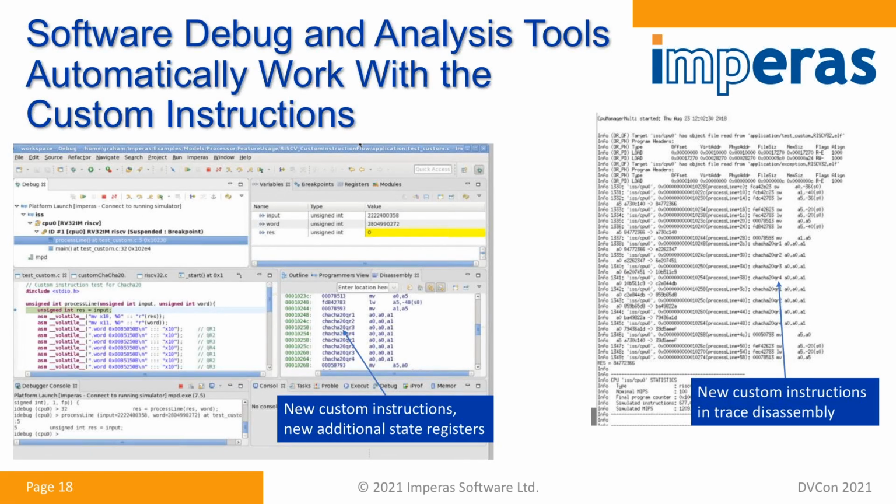One of the key things here is that when you do add the custom instructions, you do get those automatically showing up in the tools that you're using here in the debugger and also in the analysis tools, in this case, the trace.